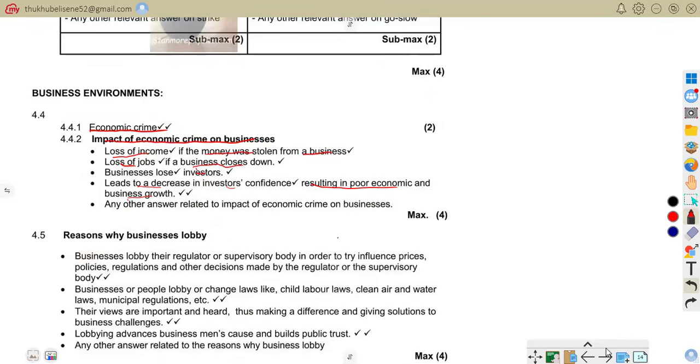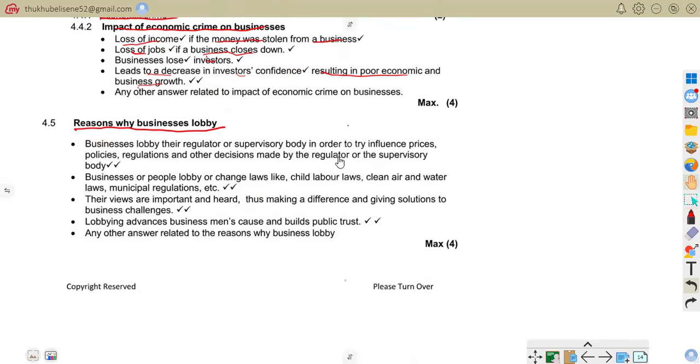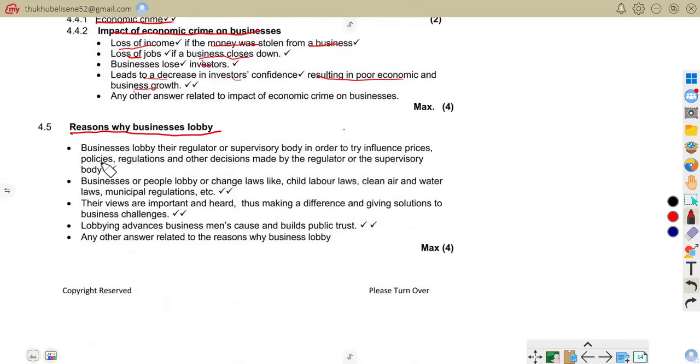So now give your own reasons why businesses lobby. Businesses lobby their regulator or supervisory body in order to try to influence prices. It means businesses lobby to shape laws affecting them, and influence policies and regulations.